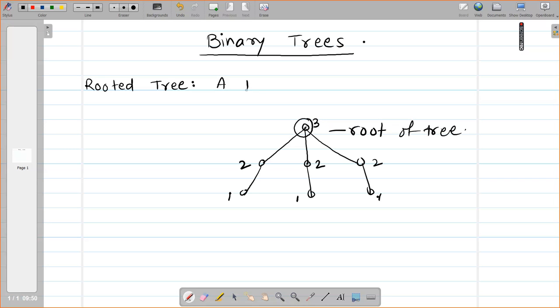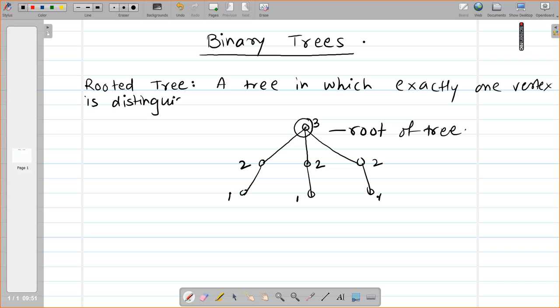A tree in which exactly one vertex is distinguishable, that is, it is different from other vertices, is distinguishable from all other vertices, is called a rooted tree.